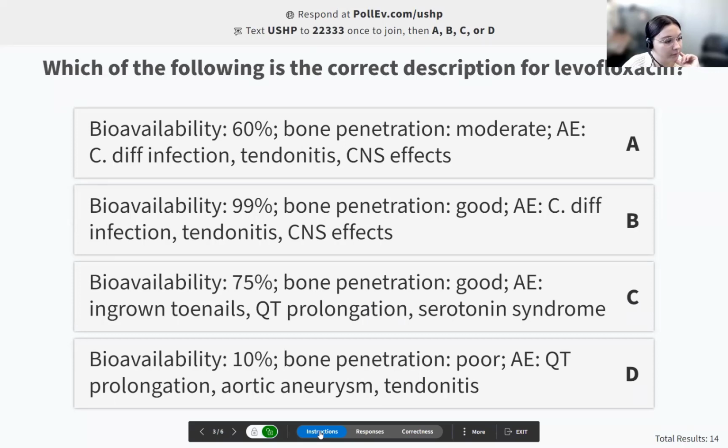C, bioavailability 75%, good bone penetration, adverse events of ingrown toenails, QT prolongation, and serotonin syndrome. And D, bioavailability of 10%, poor bone penetration and adverse events of QT prolongation, aortic aneurysm, and tendinitis.